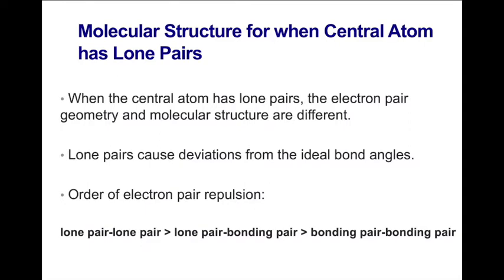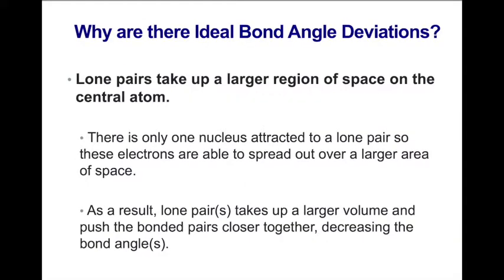And then if you have a lone pair next to a bonded pair, that would be second strongest, as opposed to bonding pair and bonding pair, in which case the electron pairs are stretched over the length of the bond more, and so they're not going to repel each other as much. So we've got these lone pairs causing these deviations from the ideal bond angles, and that happens because the lone pairs, they're puffed out more and they're taking up more space around the central atom.